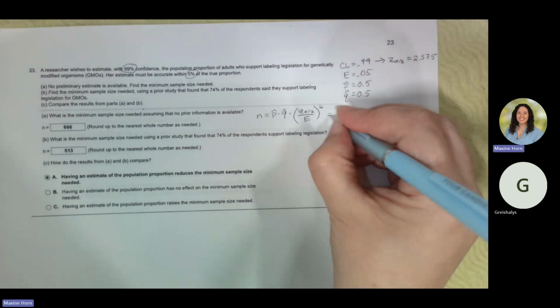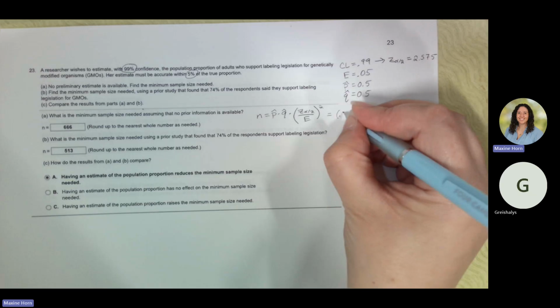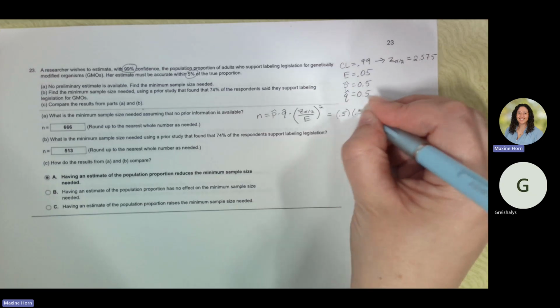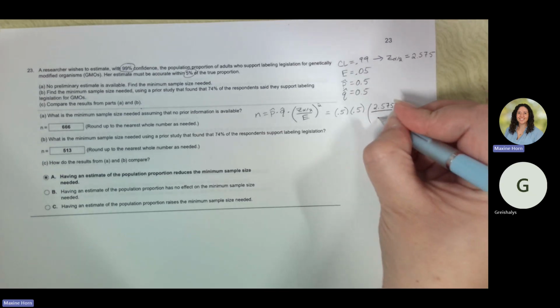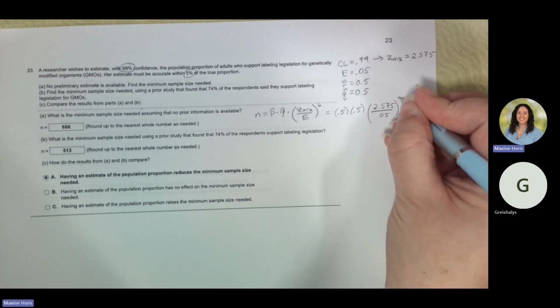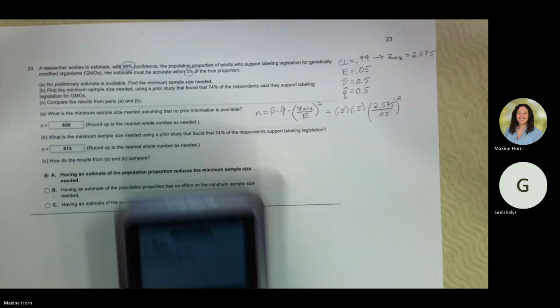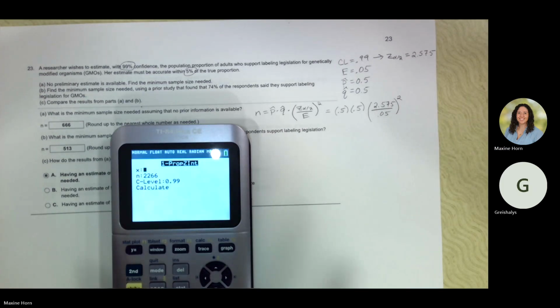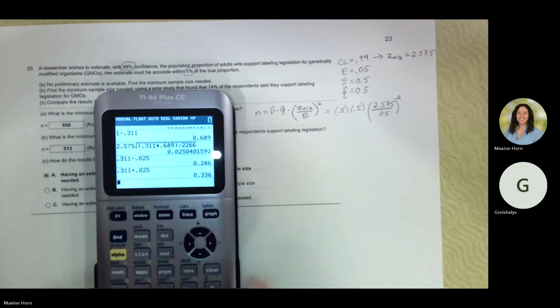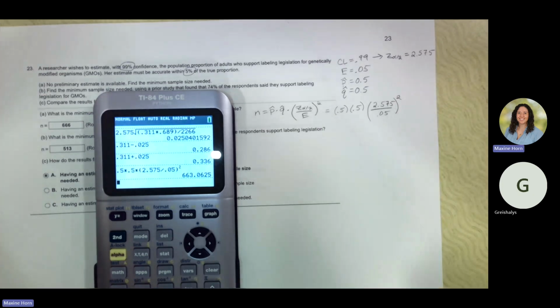Okay, so we're going to do p-hat of 0.5, q-hat of 0.5, z alpha halves of 2.575, margin of error of 5%, 0.05, and we're going to square that. Make sure I type that in right.